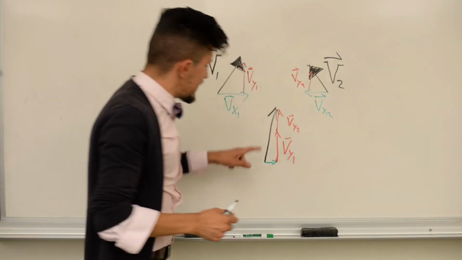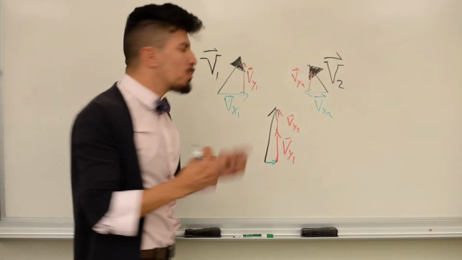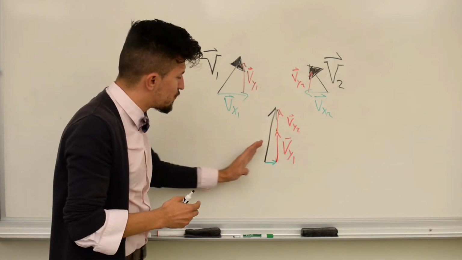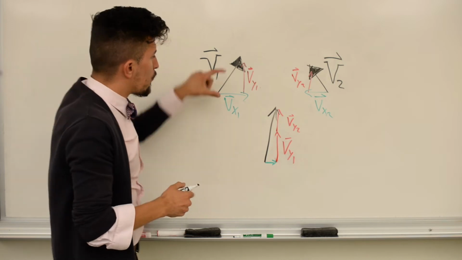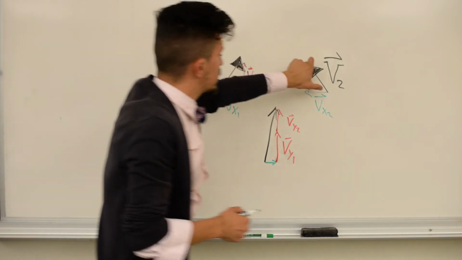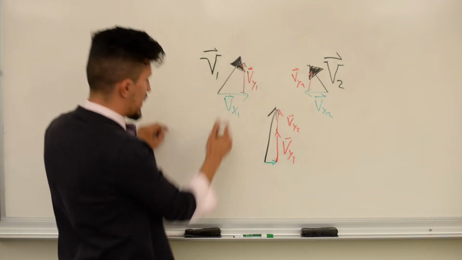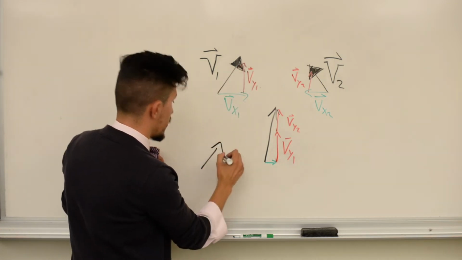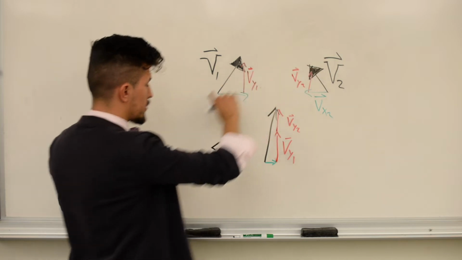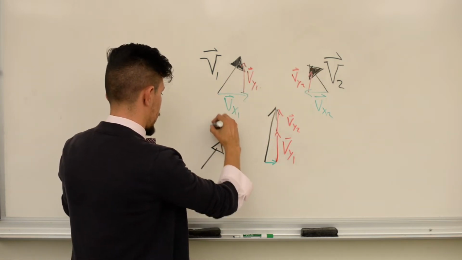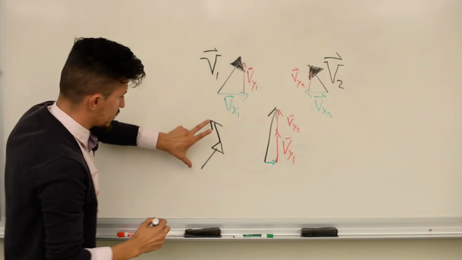So why is this really important? Why do we need to break vectors into their components to find this resultant vector? Why can't we just get this one and put it here and give us the same vector? Essentially, if you get this one and then you connect this one here, you're going to get the same vector right here.